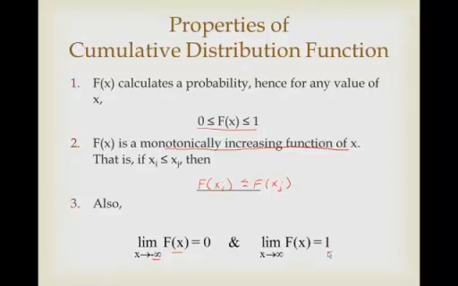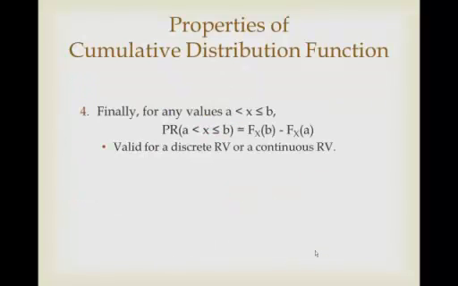So finally, for any values where a is less than x is less than or equal to b, well, you can imagine, all you need to do is take the cumulative distribution function evaluated at b, subtract off the value at a, and it's very much like the idea of doing a simple integral.